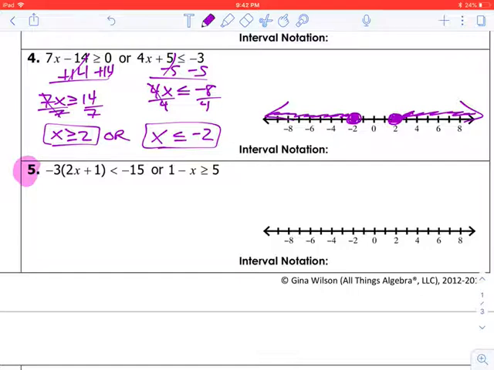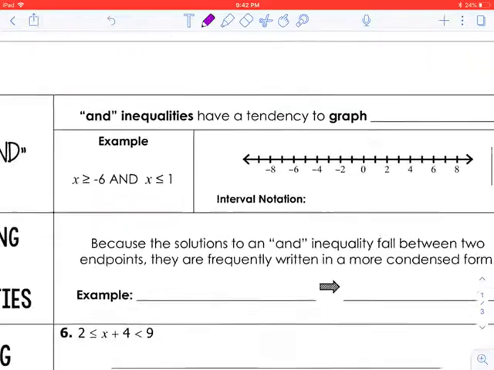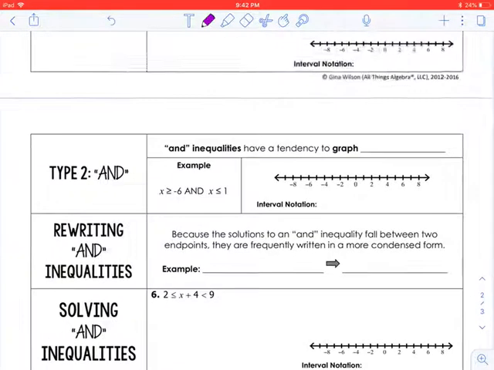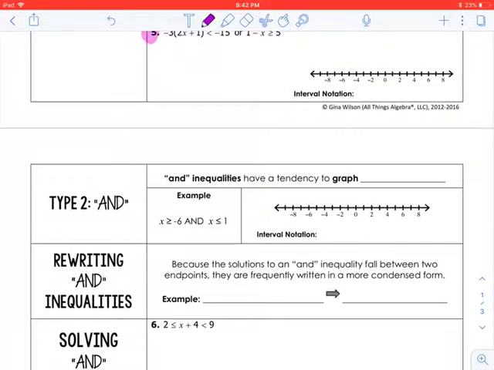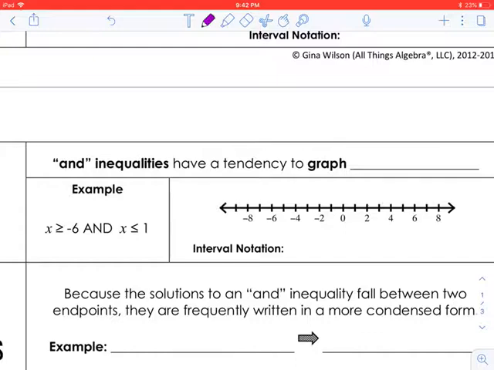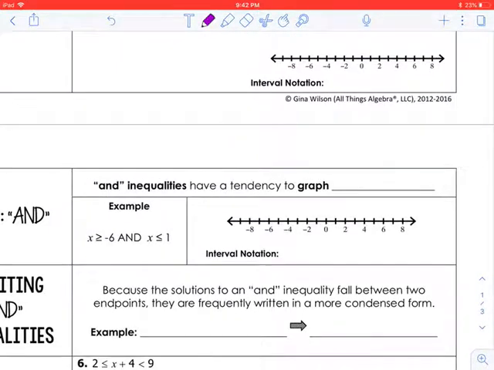So on the back, we're talking about "and" inequalities. Okay, so this and that. So "and" inequalities have a tendency to graph inward. So for instance, I have a point here, and then you're graphing actually between the two of them.